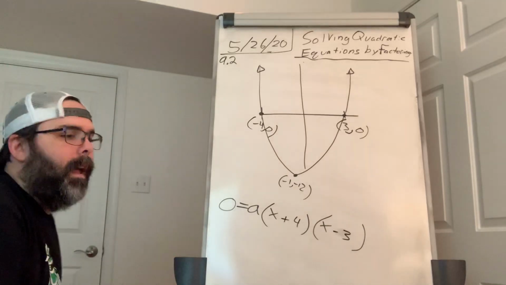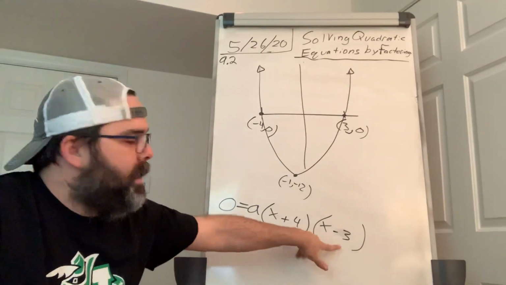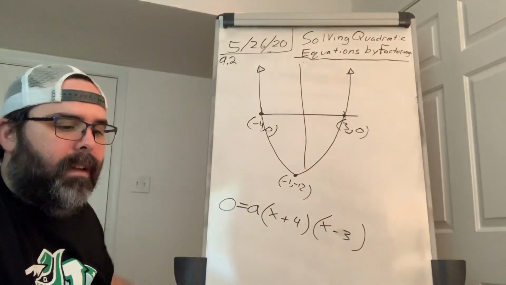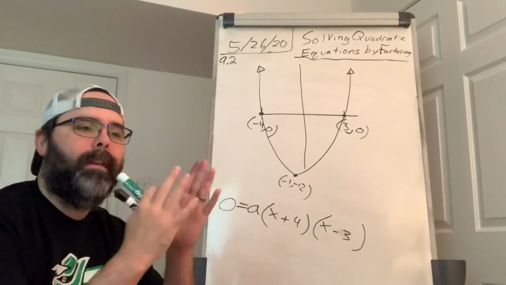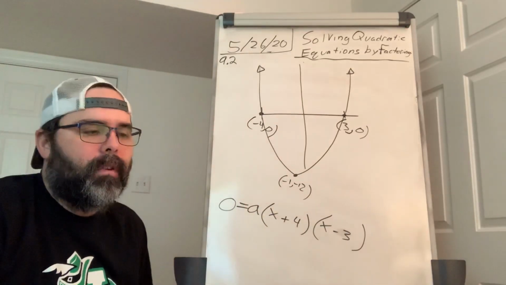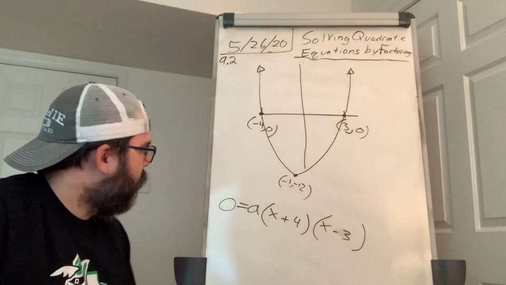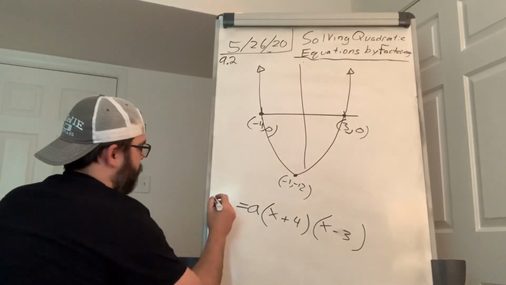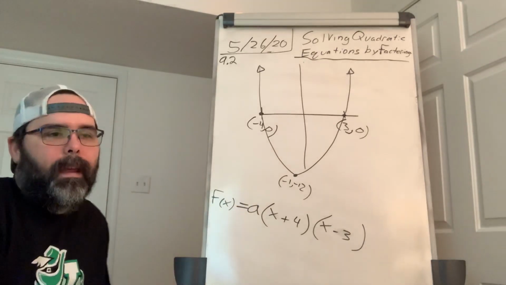Okay. Now, we need more information than just these to have a nice, accurate description, right? What does this A do? This A tells us whether it opens up or down, and it tells us how skinny or wide it is, right? This A has a lot to do with the vertex. So how do we find A? Sorry, this is F. How do we find A?